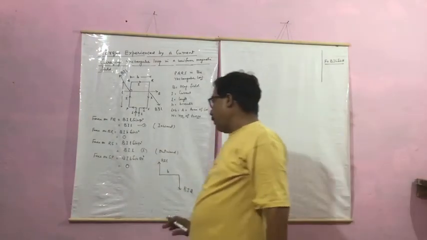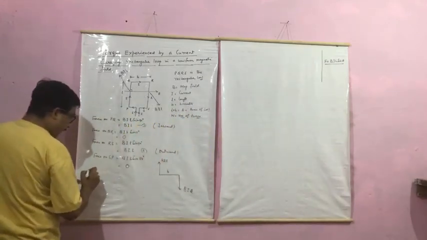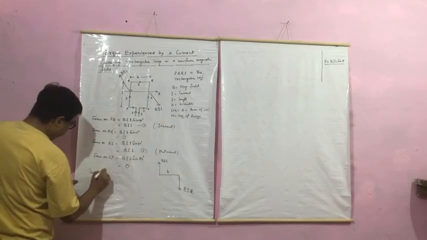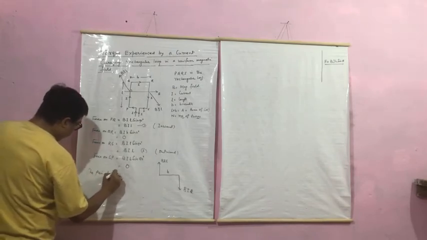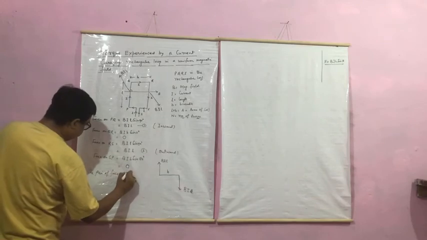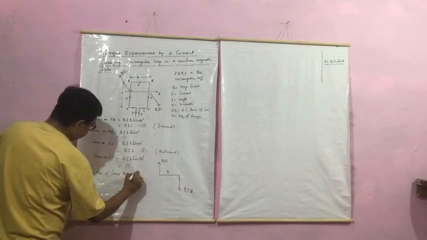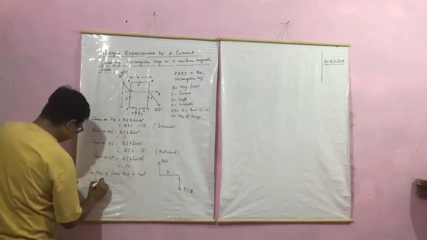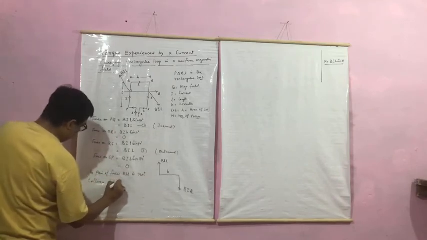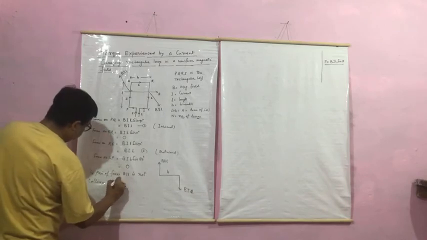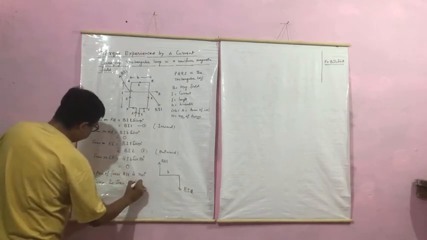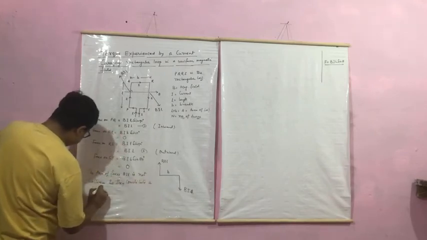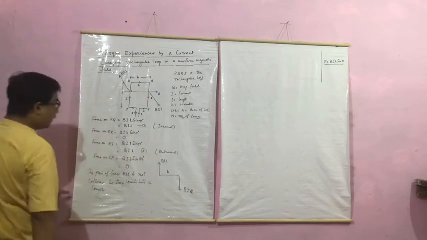So the pair of forces BIL is not collinear, so they constitute a couple, right?